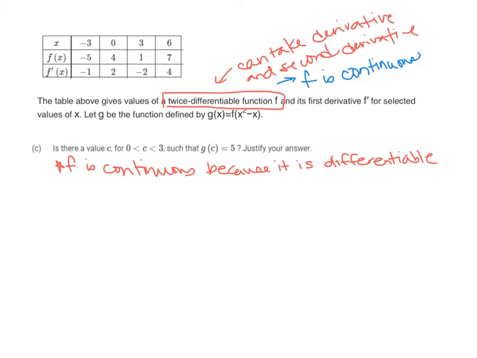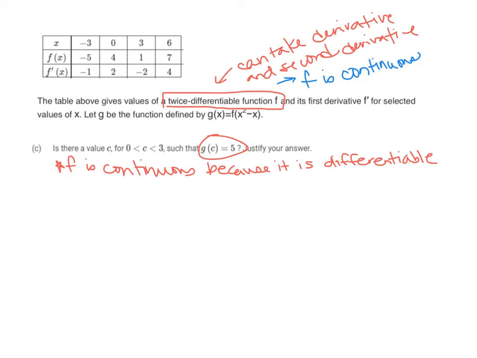Unfortunately, they aren't asking us about something regarding f, they're asking us about something regarding g. The question is written in a way to make it as hard as possible, because even if you get that f is continuous, if you just write that, you won't get the credit for continuity, because they're asking you about the function g.